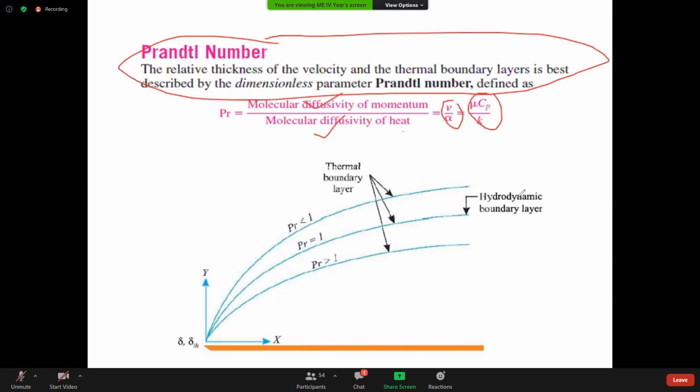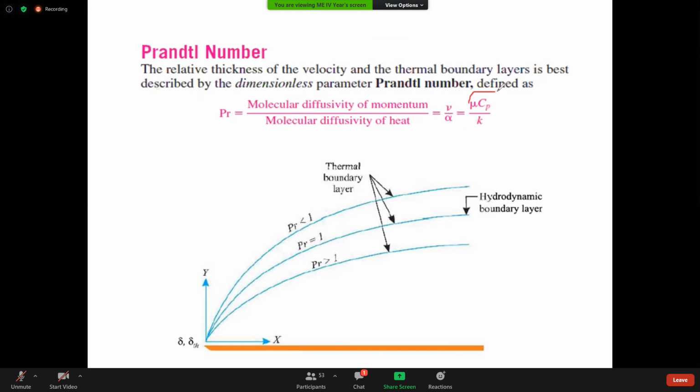Don't bother about this nu here; we are using mu here for the kinematic viscosity, but for the definition I have taken mu Cp by k. You don't need to remember it. While doing a problem the Prandtl number also needs to be calculated, but it is given directly in the tables.